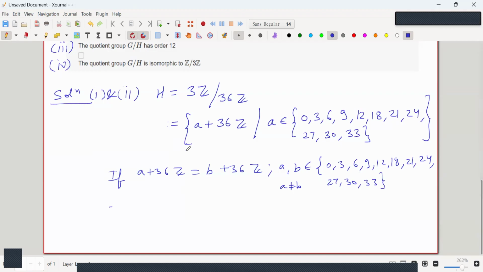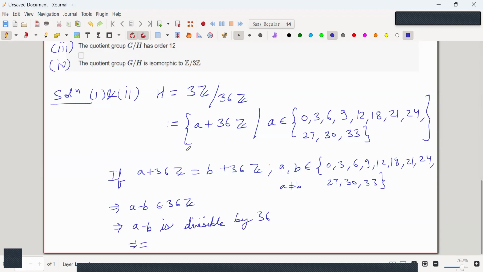So see, what does this imply? This will imply A minus B is inside 36Z, and that means A minus B is divisible by 36.